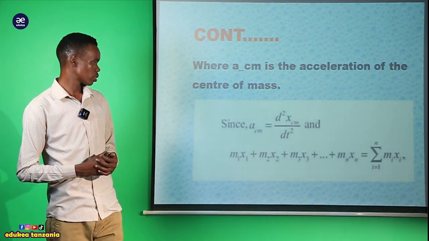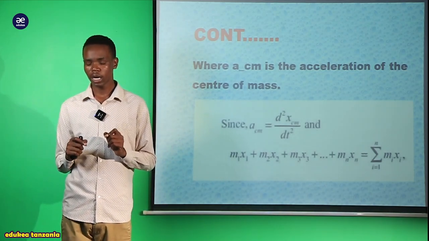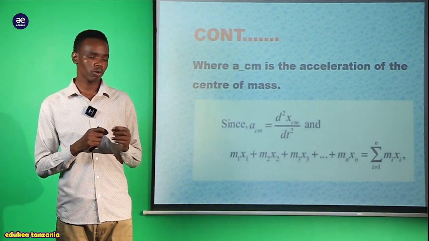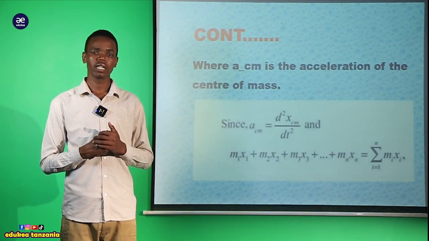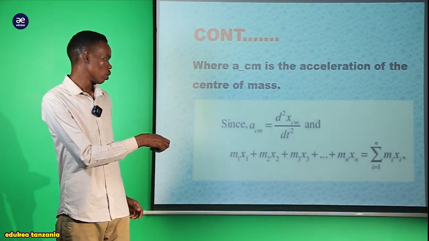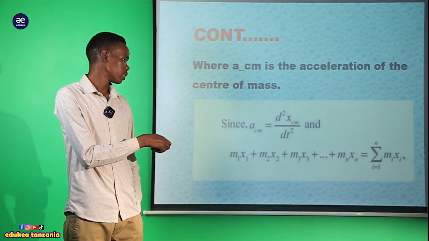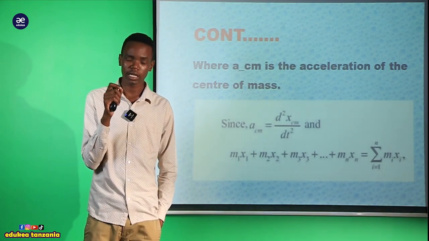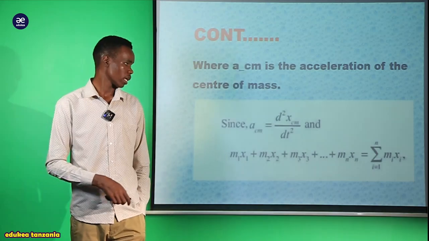So after that, my dear student, since we know that this acceleration of the center of mass is equal to the second derivative of the displacement with respect to time, we can say that this a_cm represents the second derivative of displacement with respect to time.